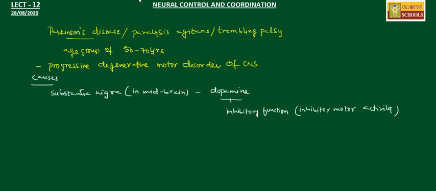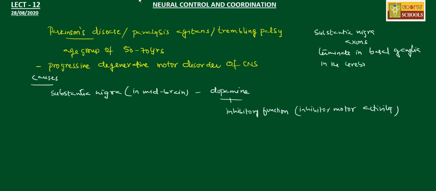The axons of neurons present in the substantia nigra terminate in the basal ganglia of the cerebrum.